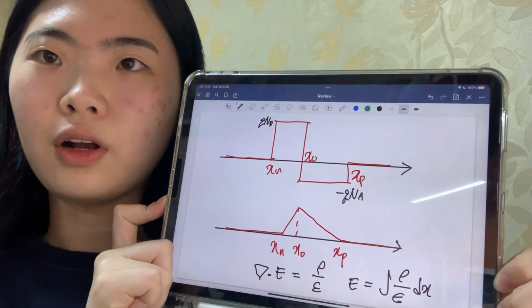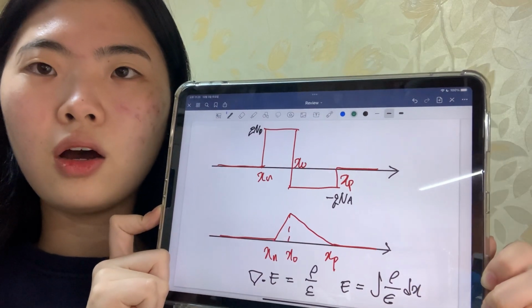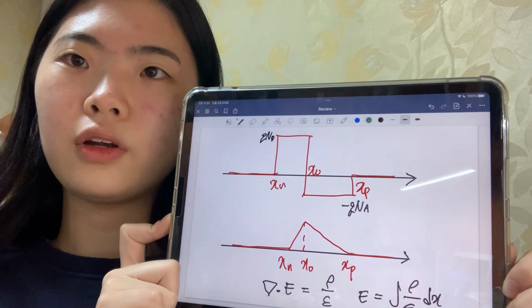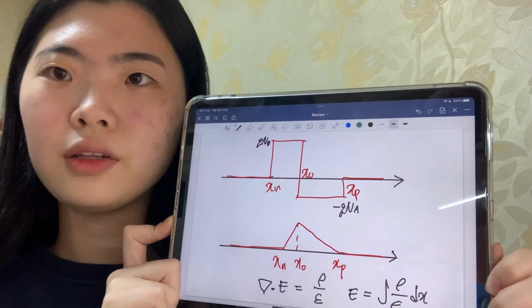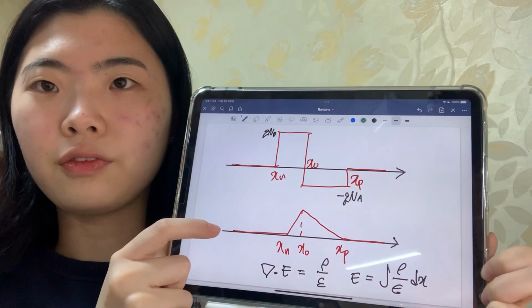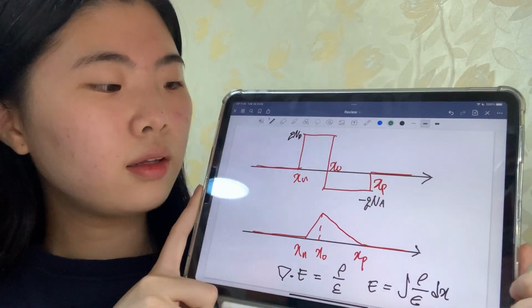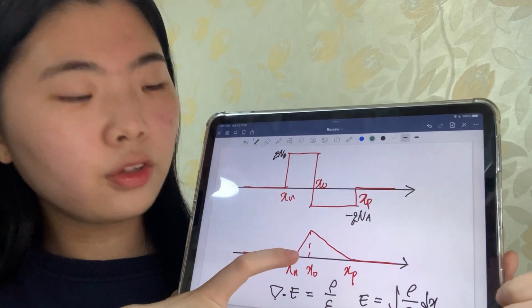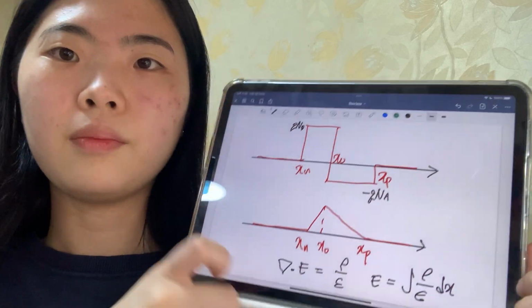Then let's integrate this charge density graph. If we integrate the charge density, we can obtain the electric field graph. From xn to x0 it looks like this, and from x0 to xp it looks like this.